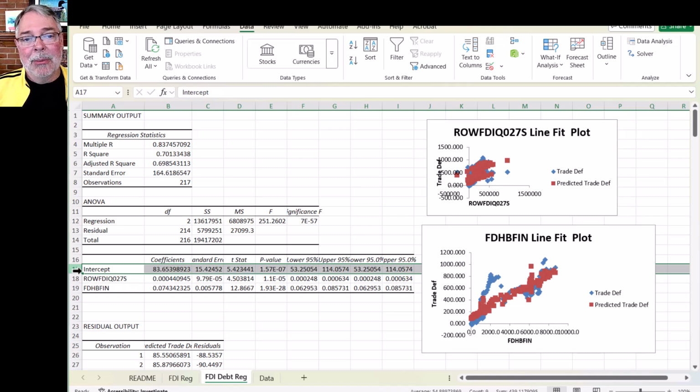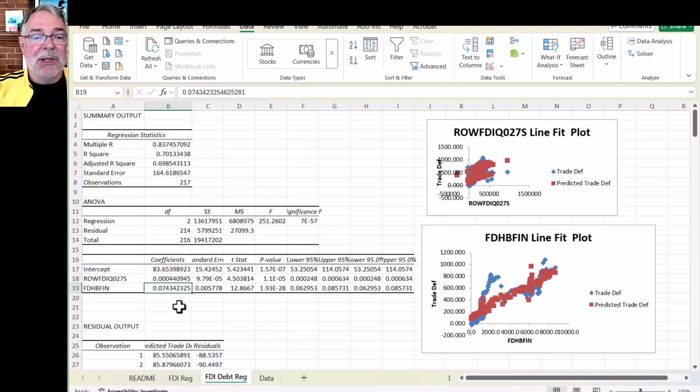That's an absolute number. It gets bigger, and so for each increase of 1 billion in the foreign debt held by foreigners, the coefficient tells us we'd get an increase of 0.07, a 7%. So it's interesting. There's not a 1-to-1, not even close, but we are seeing a relationship, and it is positive, right? When more people overseas hold money, our trade deficit gets bigger.